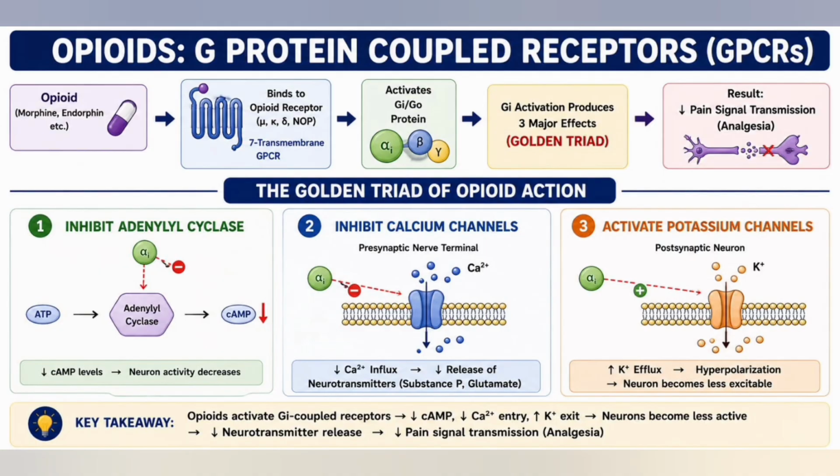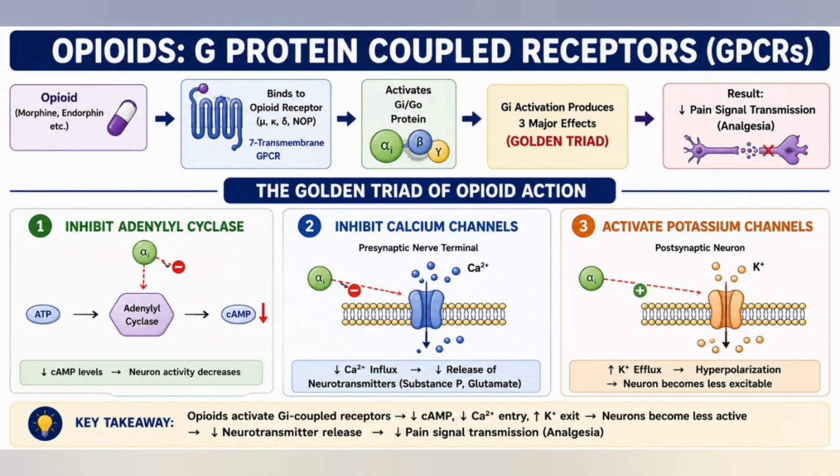Now, how do opioid receptors act? Opioid receptors are basically G protein coupled receptors. Whenever any opioid or endogenous opioid binds to the opioid receptor, it leads to the activation of Gi protein. There are three mechanisms by which opioid action takes place. First is the inhibition of adenylyl cyclase. As we all know, adenylyl cyclase acts on ATP, leading to the production of cyclic AMP.